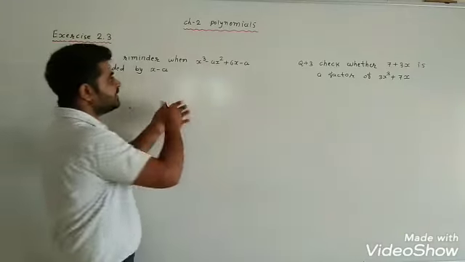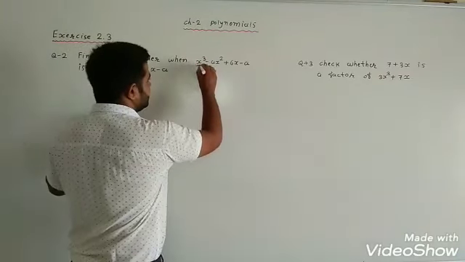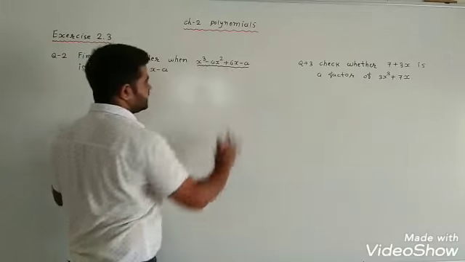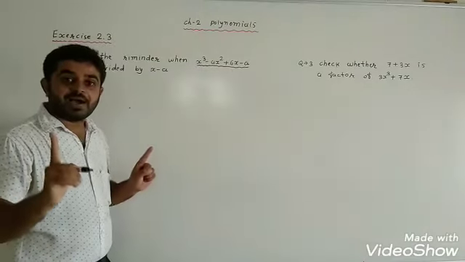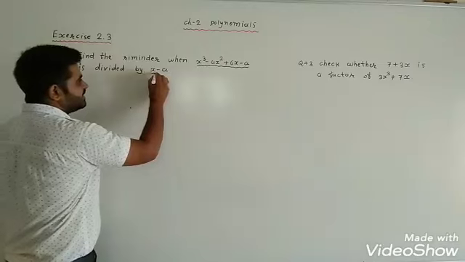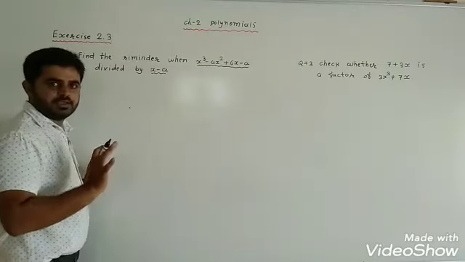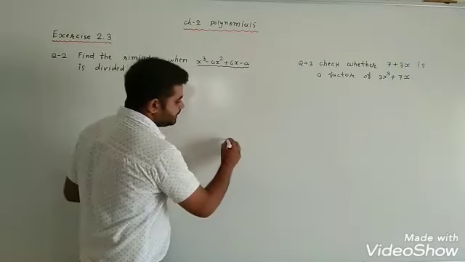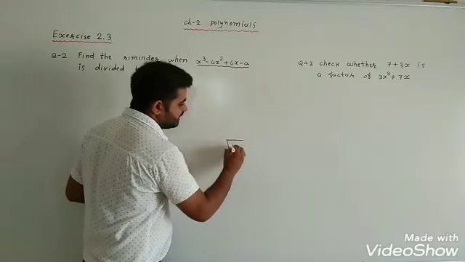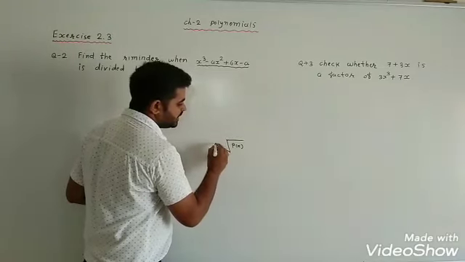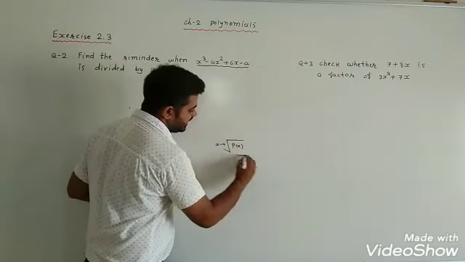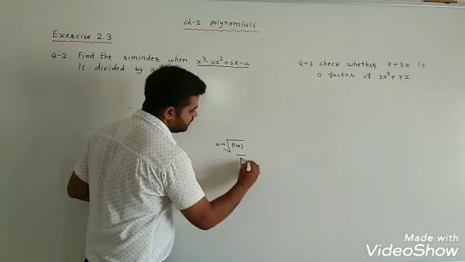We have to divide this polynomial, x cube minus x square plus 6x minus a, by x minus a. According to the remainder theorem, if we divide any polynomial p of x by x minus a, then the remainder is p of a.